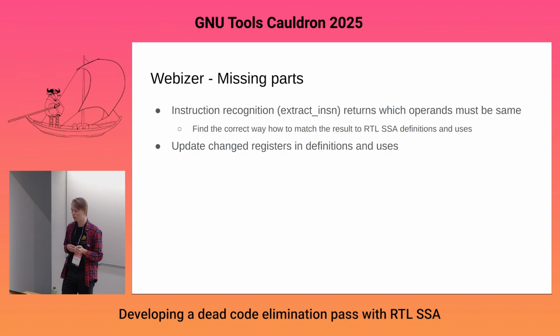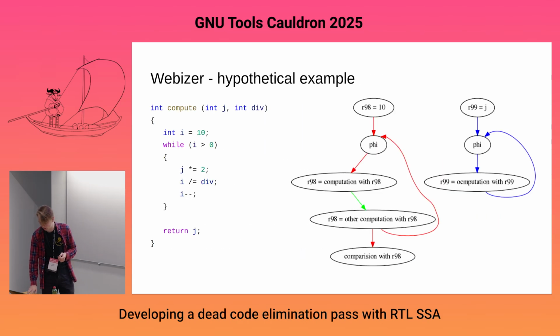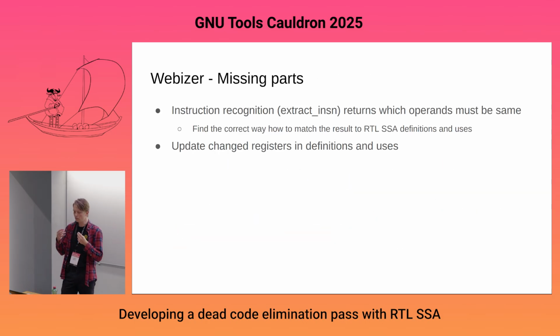There are a few missing parts in our implementation. The original implementation performs some instruction recognition because in some cases there has to be an edge between the use and the definition of a register, and the recognition uses the locations which are not a part of the new SSA framework.